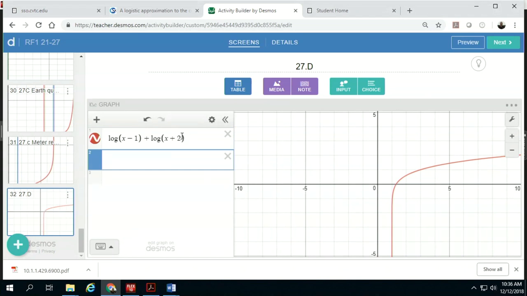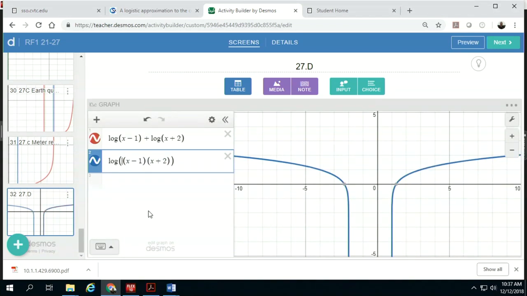And let's compare it to the log of x minus 1 times x plus 2. And if you notice, those two are the exact same, except for what happened when we added that second graph in. Did you see a phantom solution appeared?